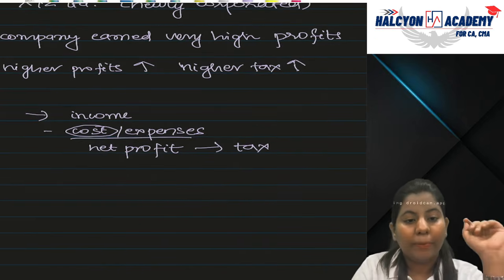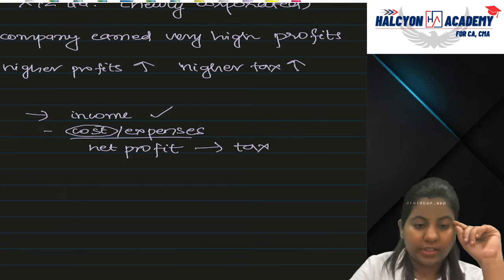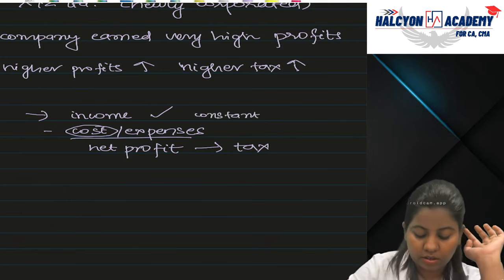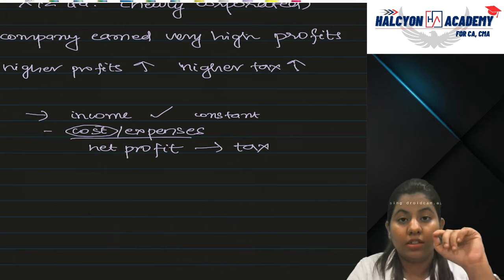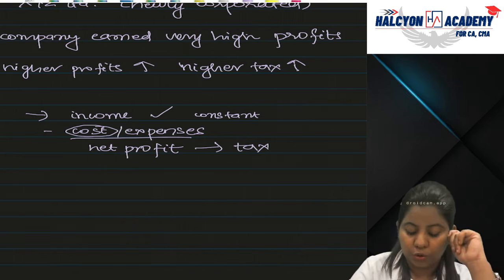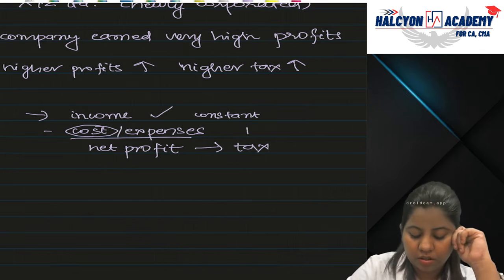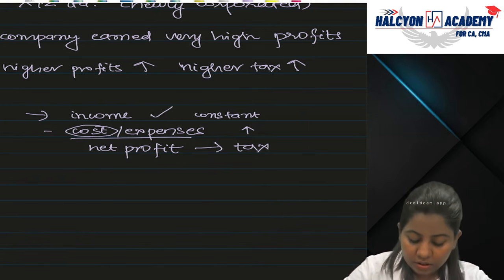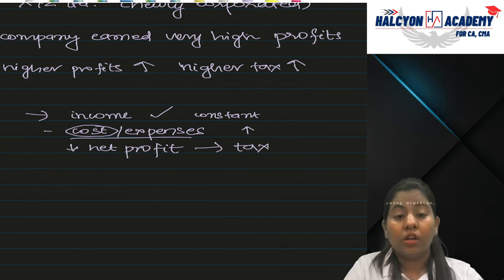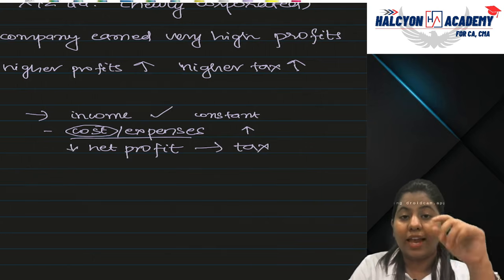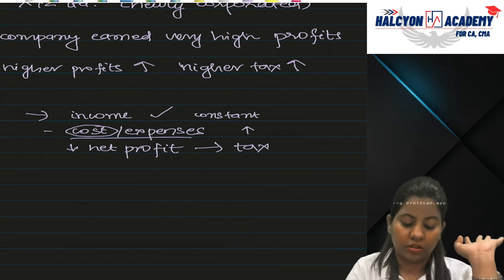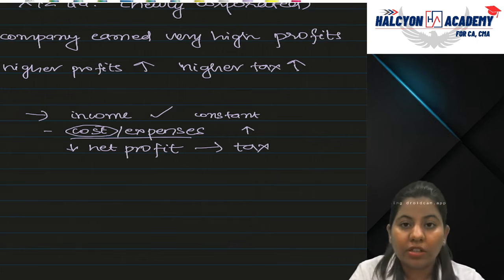By this, what happened? If the income is constant and the cost is shown at a higher value, then the profit would decrease. So they highly stated their cost in order to decrease the net profit.